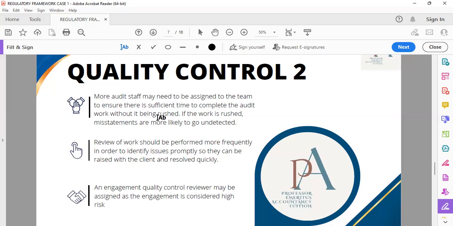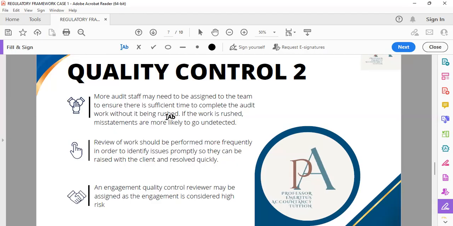And then you can assign more audit team members. Since they are saying the work should be completed expeditiously, you can assign more team members to the audit, and that will take away the pressure on the team members that are already present.